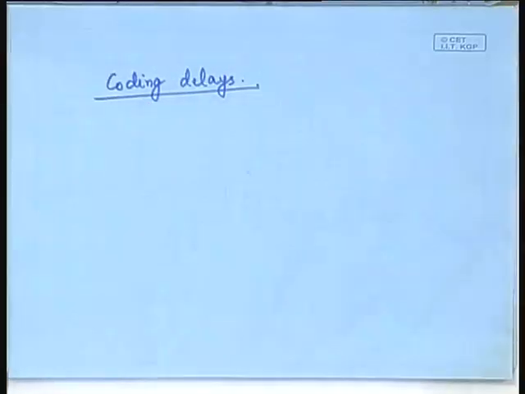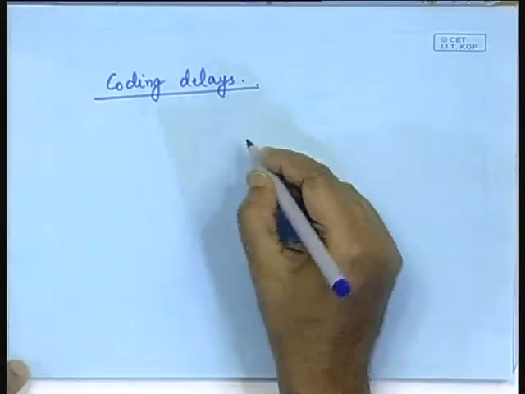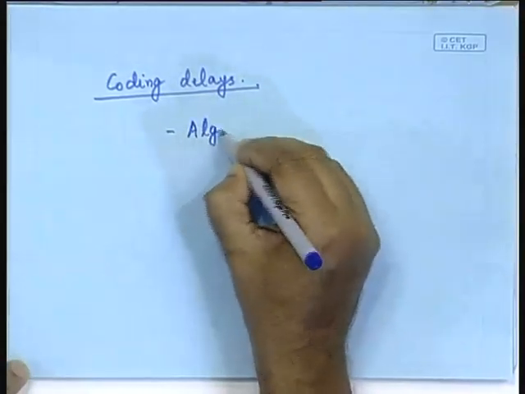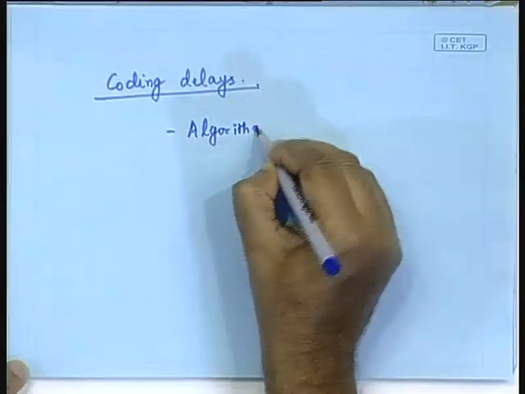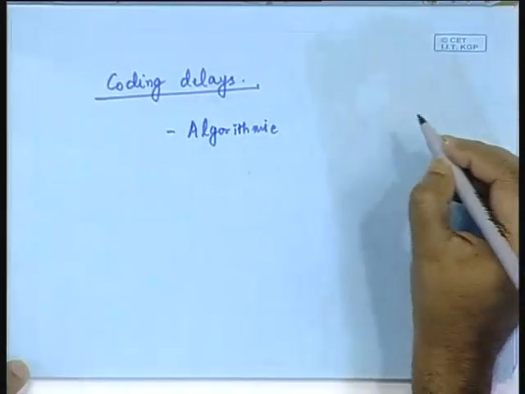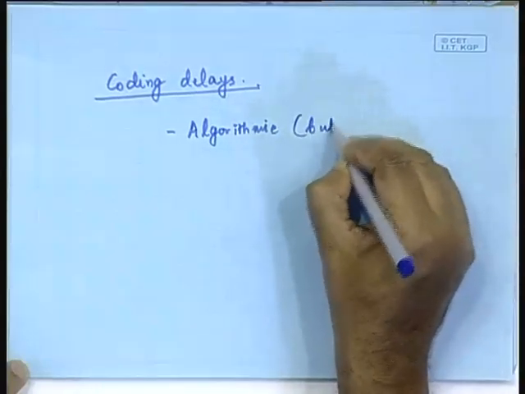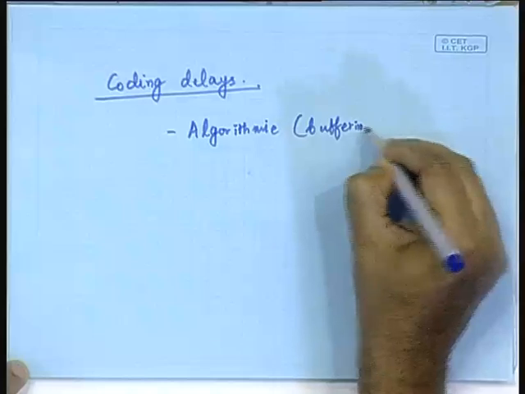Now, coding delay essentially has three components. The coding delays may be algorithmic. Essentially, the algorithmic coding delays arise out of buffering of the signal.